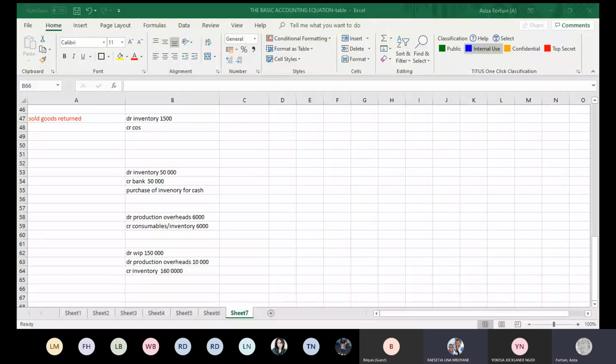Looking at B, inventory of consumables is purchased for cash. You debit your consumable inventory and credit your bank. Is everybody following me?